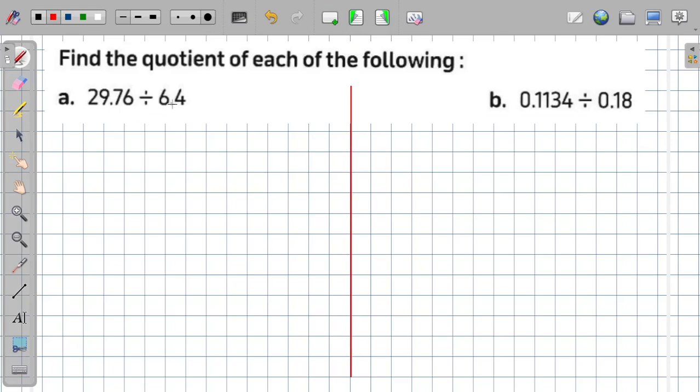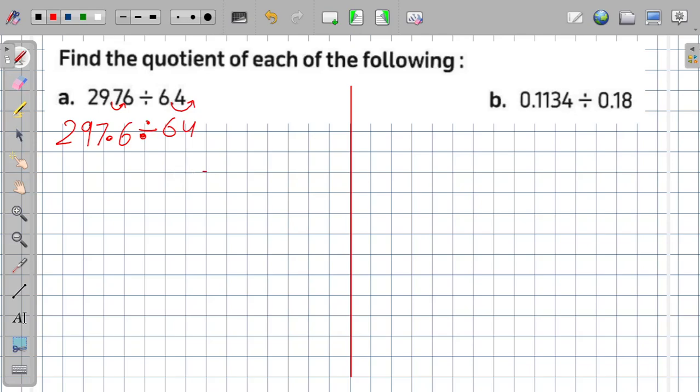Okay, so I have the decimal point right here with one place. So I will move it one place, and I will move it here one place. So it will be 64 in the divisor, and the dividend will be 297.6.